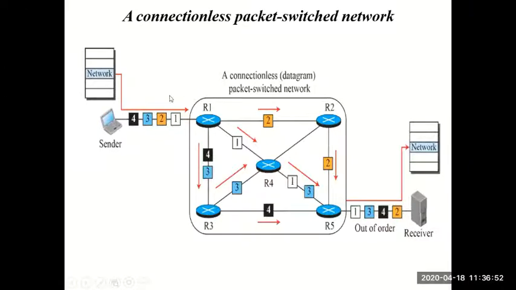To get something similar with a packet switched network, we use something called the virtual circuit approach. As the name indicates, you get an approach similar to circuit switching, but it is virtual. It is not actually connected, but it is virtually connected. You can see how we do this.